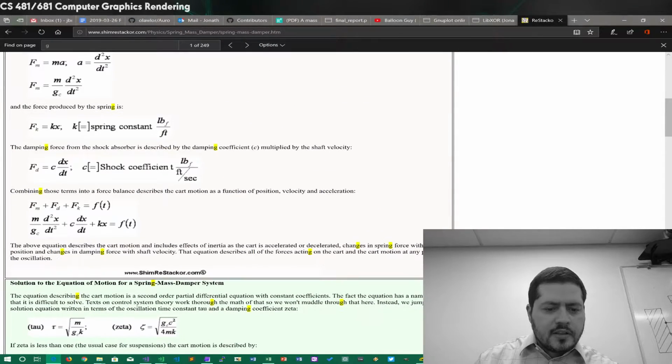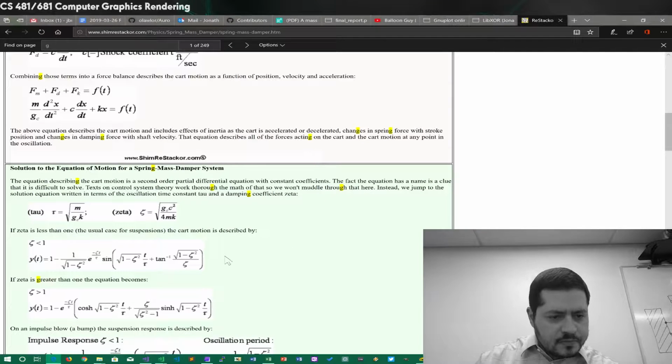Whichever one is inside the cosine is going to be the, so they have sine of t over tau.